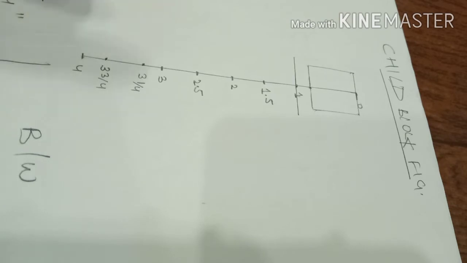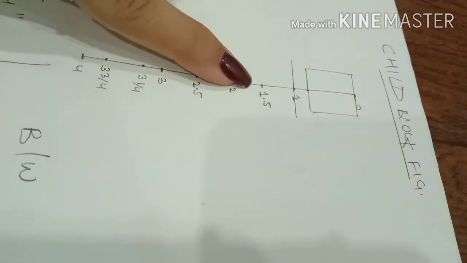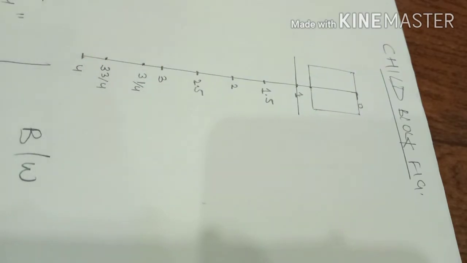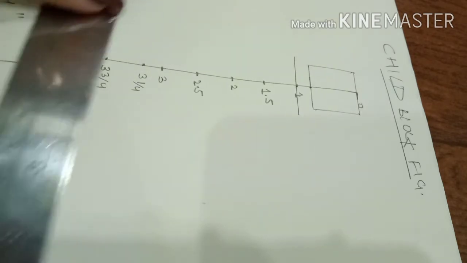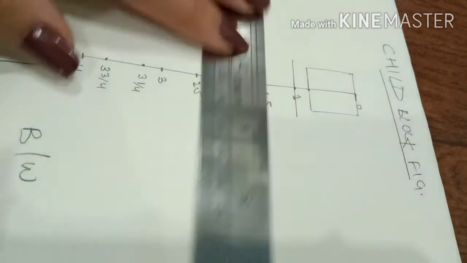So after the shoulder, we will mark the chest point, that is on 1.5. The length of the chest is 1.5 and the width is 3/4, that is again 13 lines.